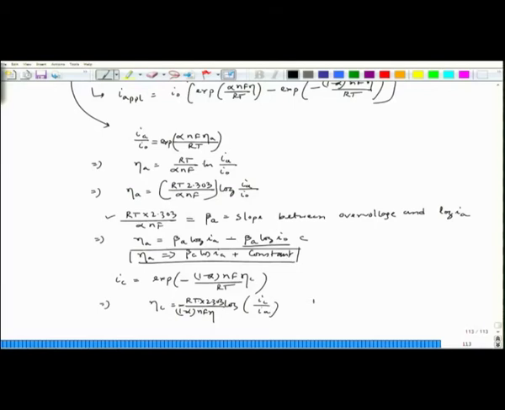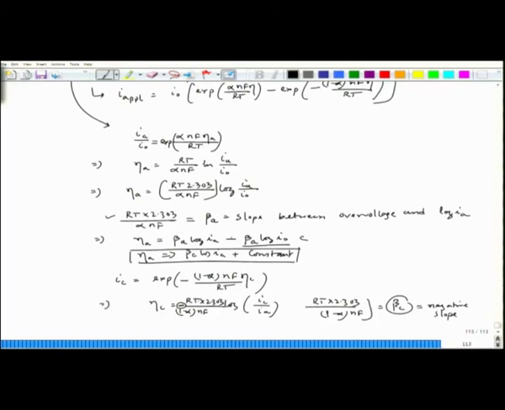Now, this RT into 2.303 by 1 minus alpha NF is called beta C, and we consider this negative sign inside this, and that is what it is, it has a negative slope.